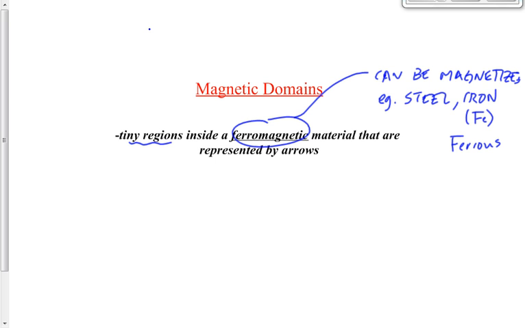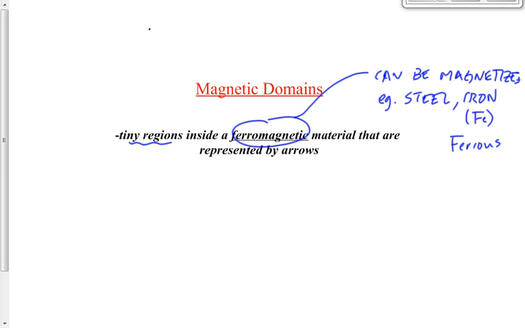Is ferrous Latin for something like iron? I don't know what the base word means, but it means the same thing, obviously, right? Iron and ferromagnetic come from the same base word, and it's not a coincidence that they come from the same base word. Iron is a really, really common ferromagnetic material.